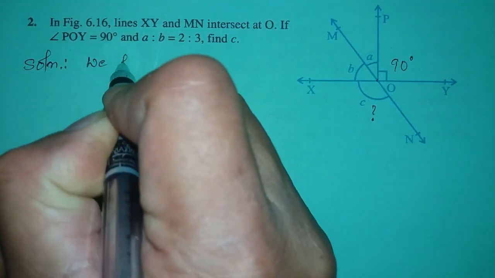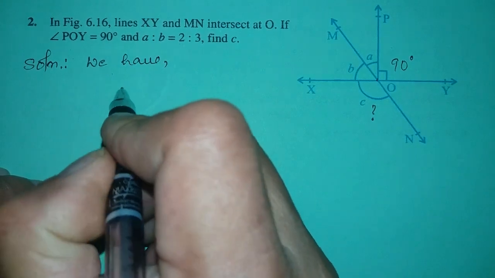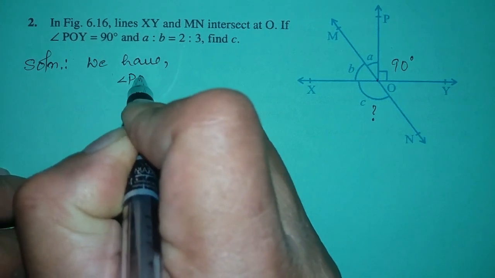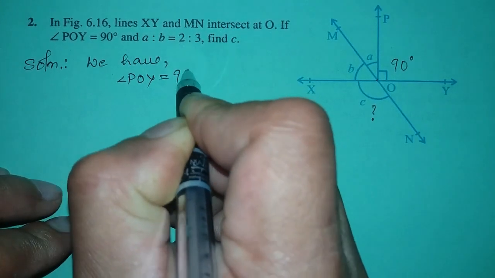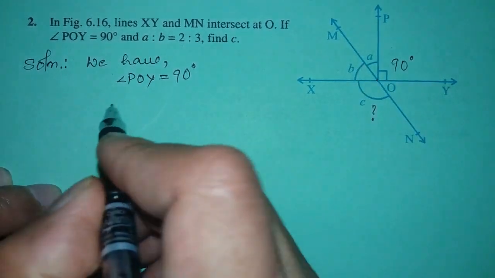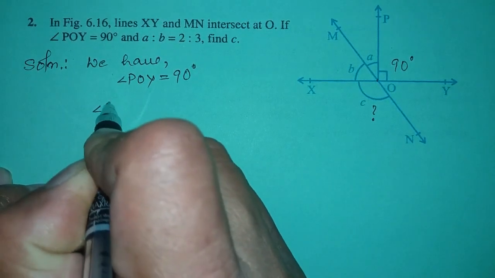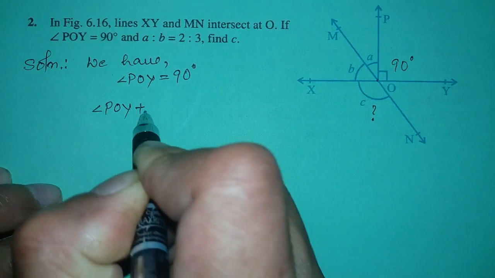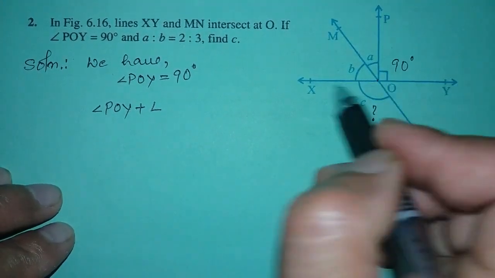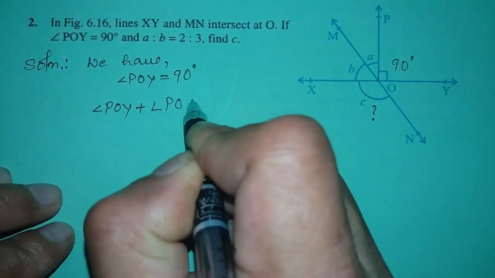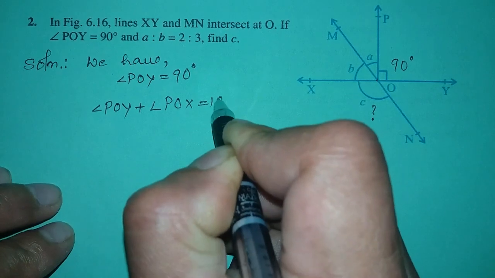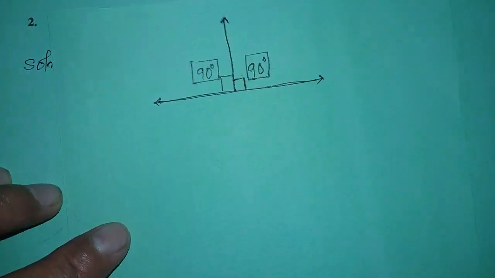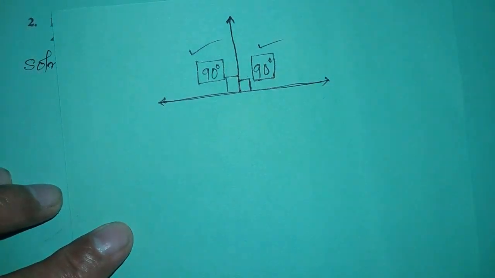So that is what we're going to say here. We have angle POY is equal to 90 degree, or else you can show it like this: angle POY plus angle POX is equal to 180 degree, because like I said, these two angles form a linear pair.